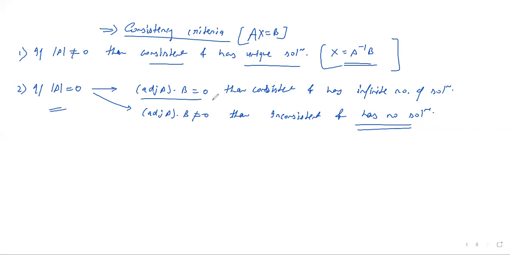If so, the system is consistent and has an infinite number of solutions. If it is not equal to 0, the system is inconsistent and hence has no solution. That's how we can check the consistency of any system of linear equations.